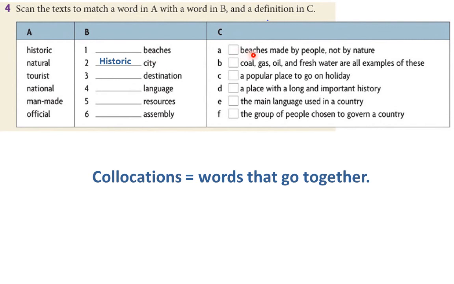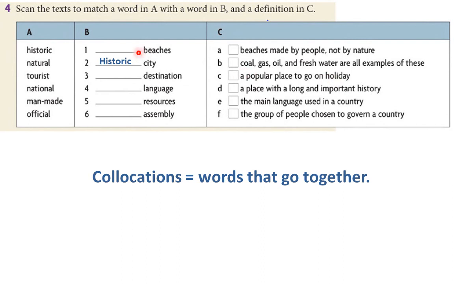Let's start with A. Beaches made by people, not by nature. So it is about beaches, not historic city. So not A. Let's go to B. It's about coal. Coal, gas, oil, and fresh water are all examples of these. These are not examples of historic city. Let's go to C. A popular place to go on holiday.